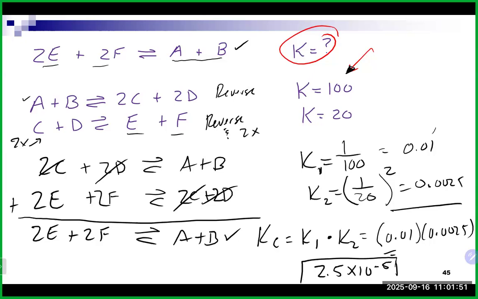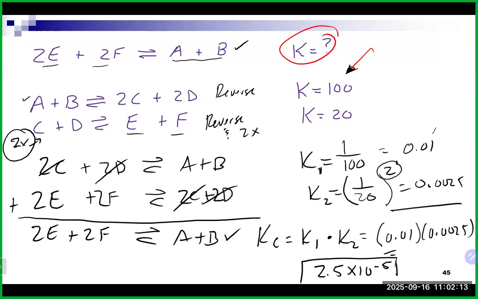Any questions on that? Yeah, if you multiply, in this case, we multiply by 2, and that means we would need to square it.